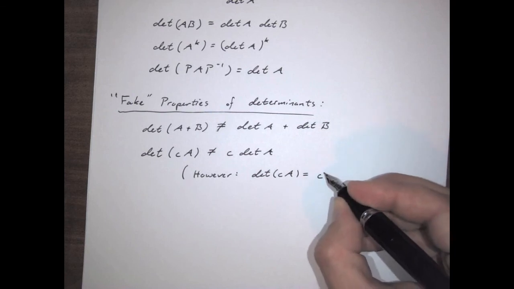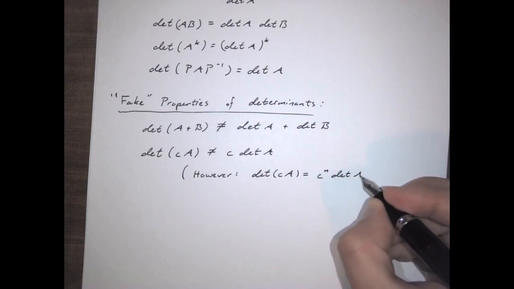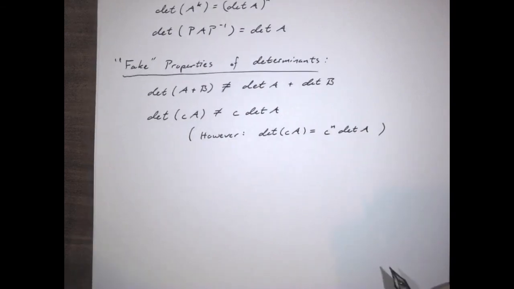So that's C^n, C to the power of n, times the determinant of A. Not that we'll make a lot of use of that, but it is a fact. So for example, if you saw a matrix where you could pull out a factor of 2 from everything, and as a result the resulting computations would be easier, you could do so and make your life a little bit easier.